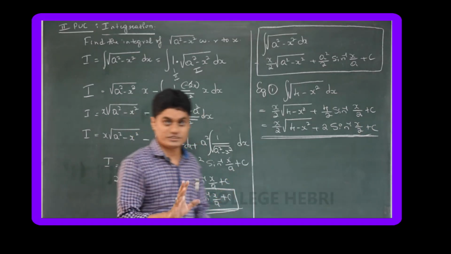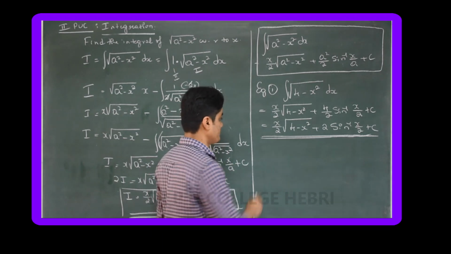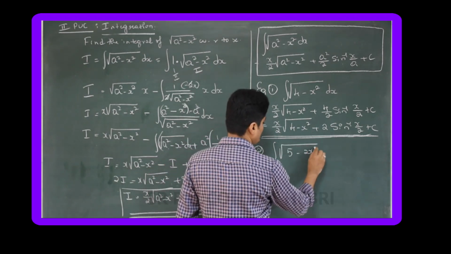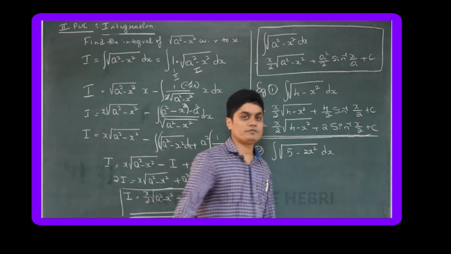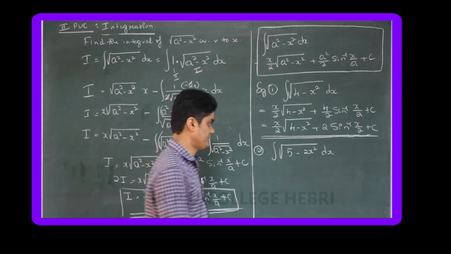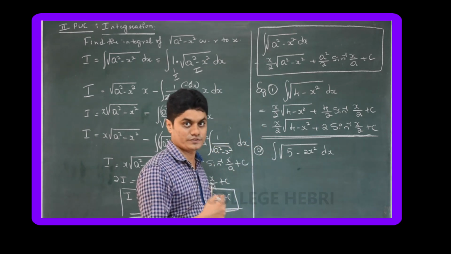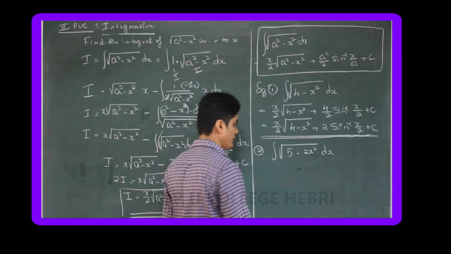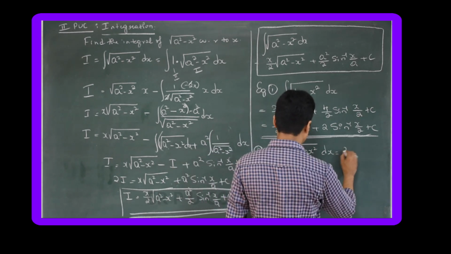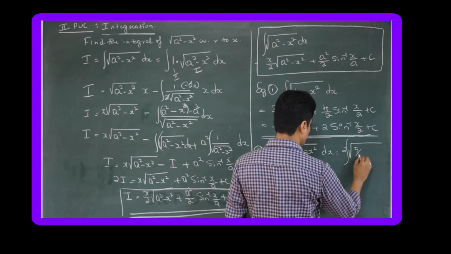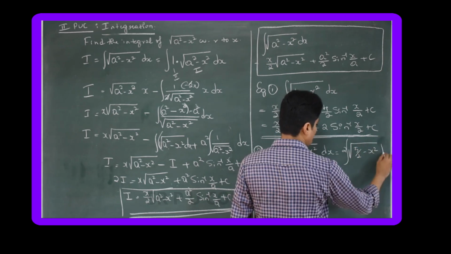So I hope you understood the derivation as well as one particular example. Let me take one more. Observe this carefully. How will you solve this integration, root of 5 minus 2x square dx? Now observe carefully, since here the coefficient of x square is not 1, the first step is to make the coefficient of x square 1. So you can write it like this, with root 2 outside the square root, root of 5 by 2 minus x square dx.